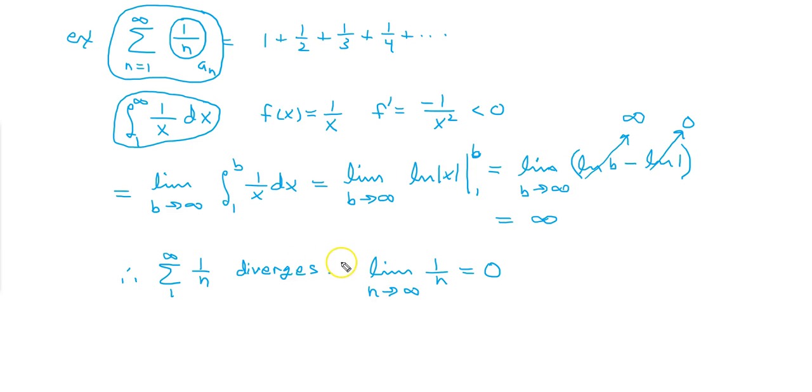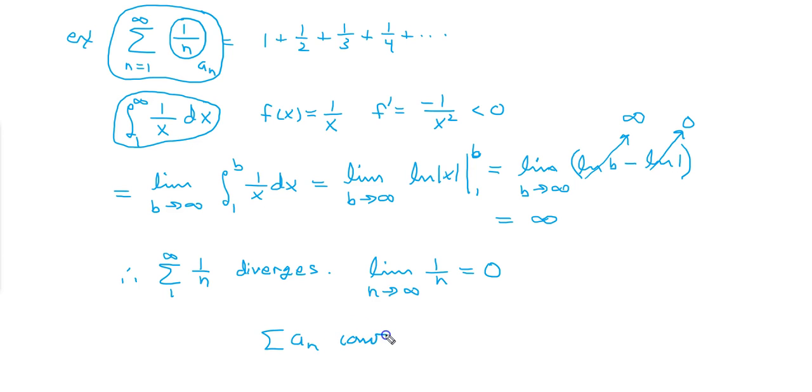If you think back, we had a theorem that said if our series converges, then the limit of our an terms must be 0. But we see that we can't go backwards. Just because the limit of the an terms is 0, that does not mean that your series converges. That theorem only went in one direction.